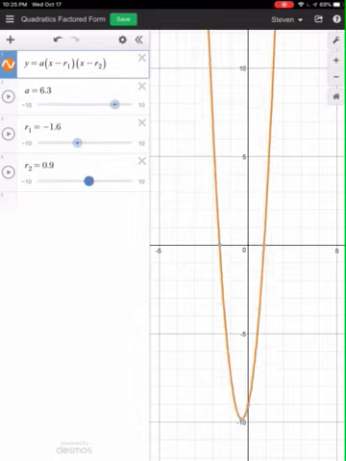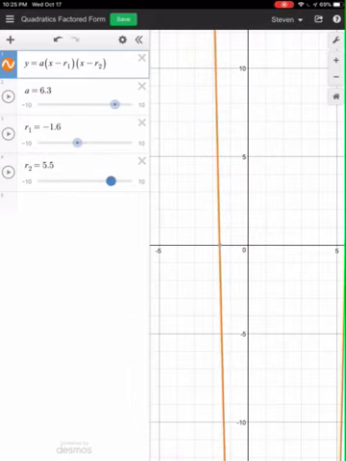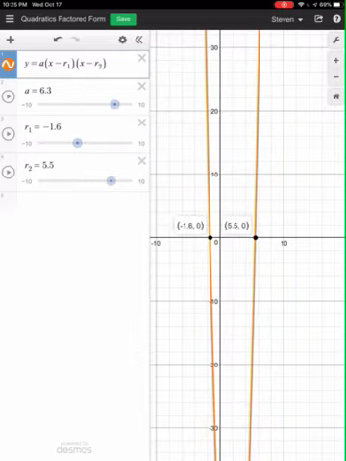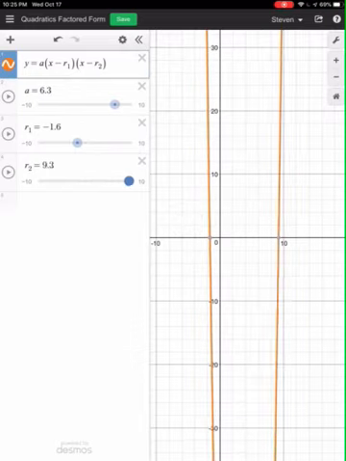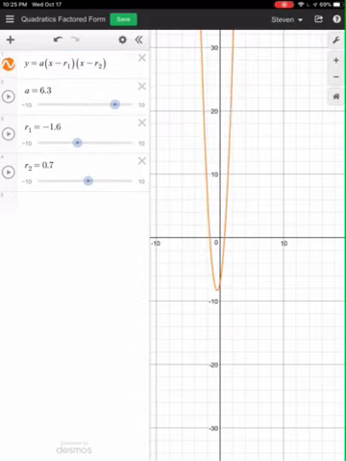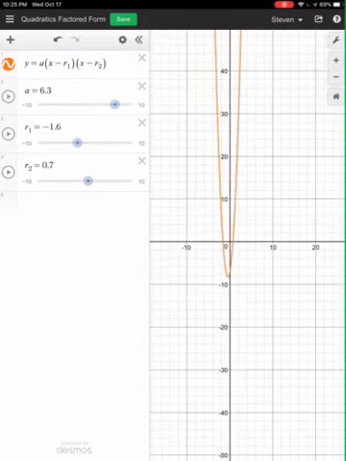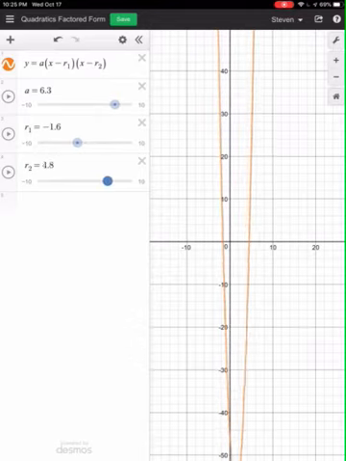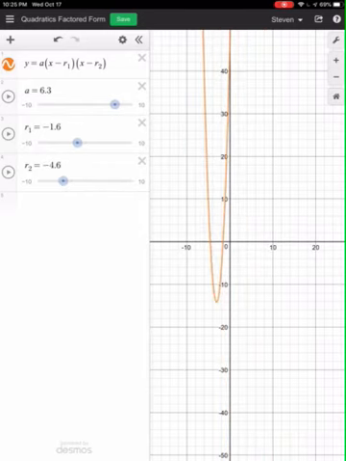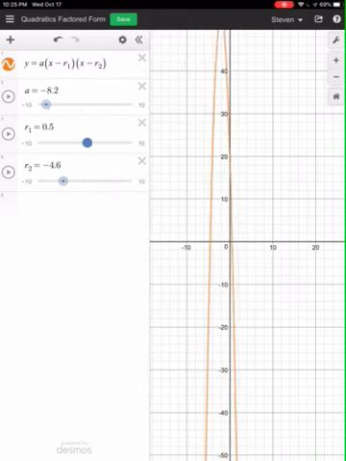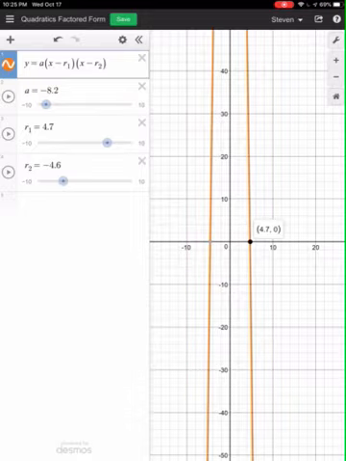And if I change r2 to be positive 5.5, now my intercepts have changed, right? So it's moving the vertex up and down because it's actually keeping the same width. It's just moving the vertex down and moving the x-intercepts across. And if A is negative, now we have parabolas that open down, and these are still changing the x-intercepts.